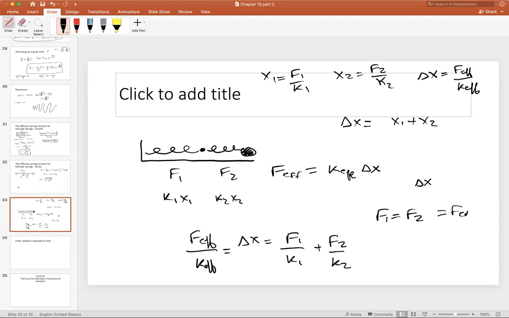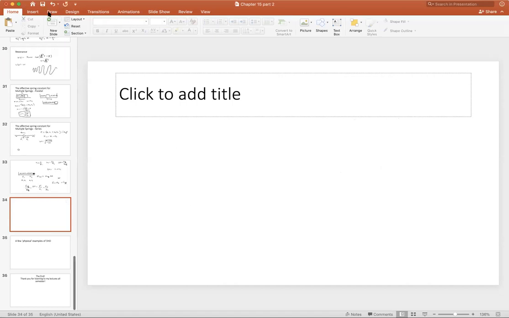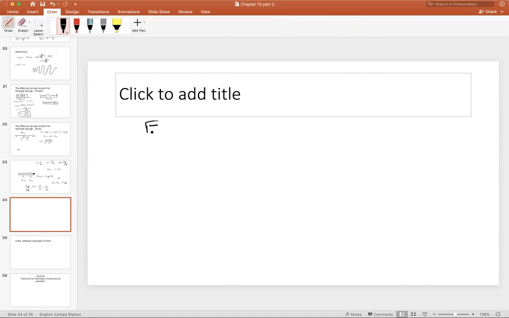So with all of those things being equal, we could just divide by F. And what we get here is, and this is going to be really important, F over K effective is equal to F over K1 plus F over K2. And therefore, if I divide through by F on both sides, I get that 1 over K effective is equal to 1 over K1 plus 1 over K2.